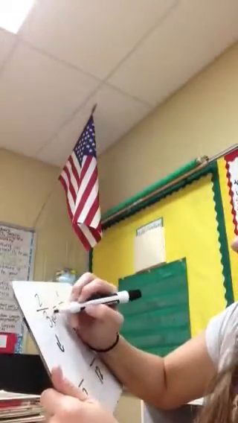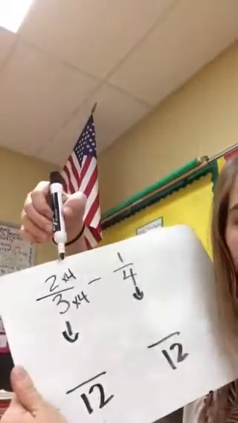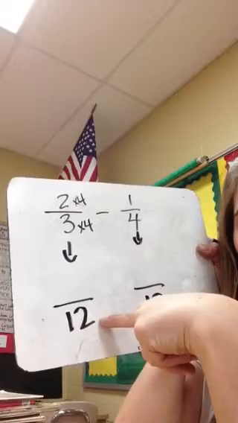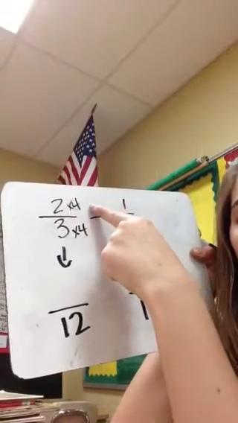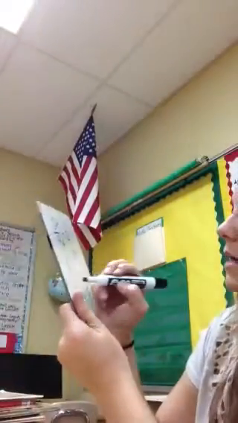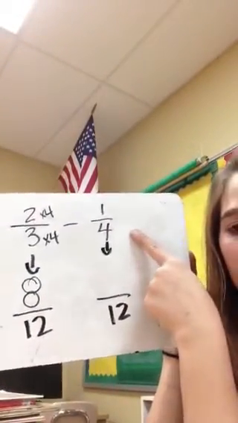I'm going to multiply by 4. Remember the golden rule, whatever you do to the bottom, you also have to do to the top, so I have to multiply my numerator times 4 as well. So let's get this first fraction. So I already did the denominator, 3 times 4 is going to give me 12. So now my new numerator, I also have to multiply times 4, so 2 times 4 is going to be 8/12.